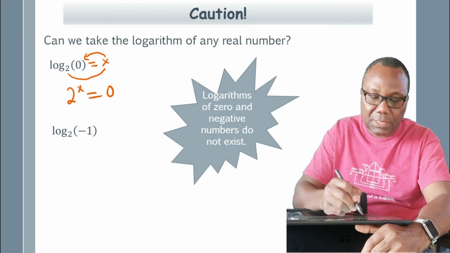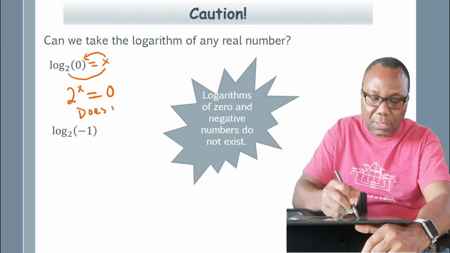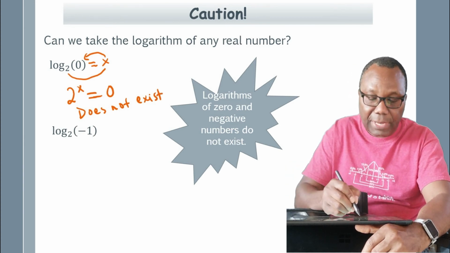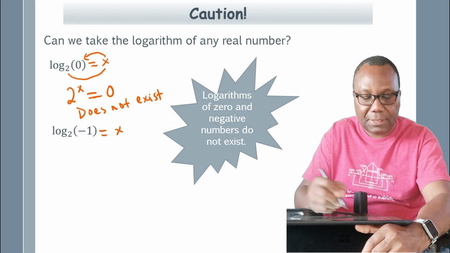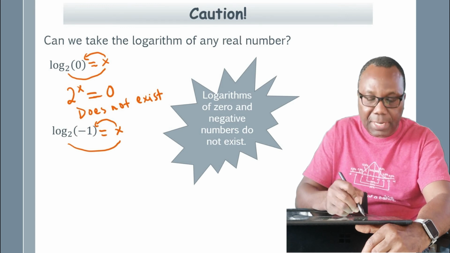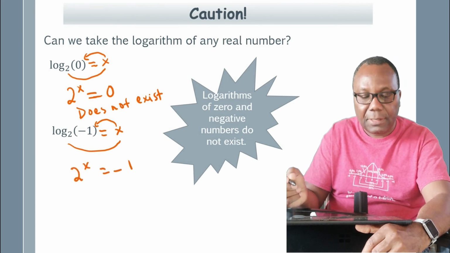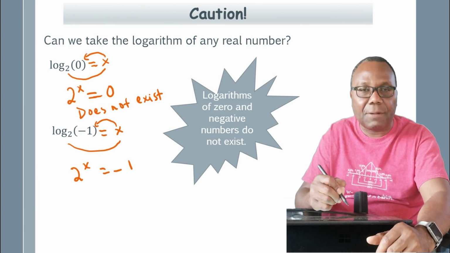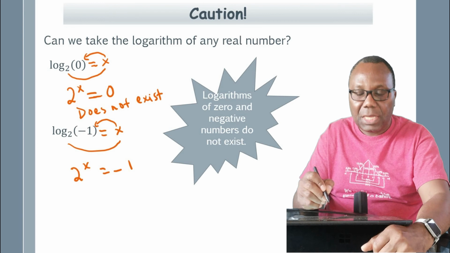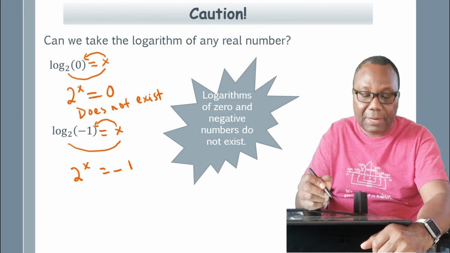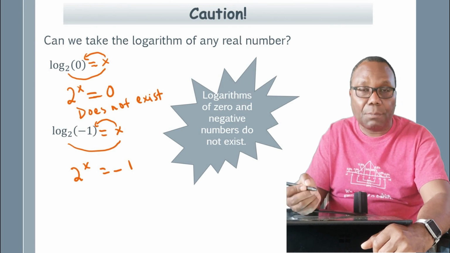So this one does not exist, DNE. In the same way, if we try to raise 2 to some number x to get -1, well, if you try, it's not possible. If you raise 2 to the power of -1, that would be 1/2. So there's no such number you can raise 2 to get -1. So this one is not possible.